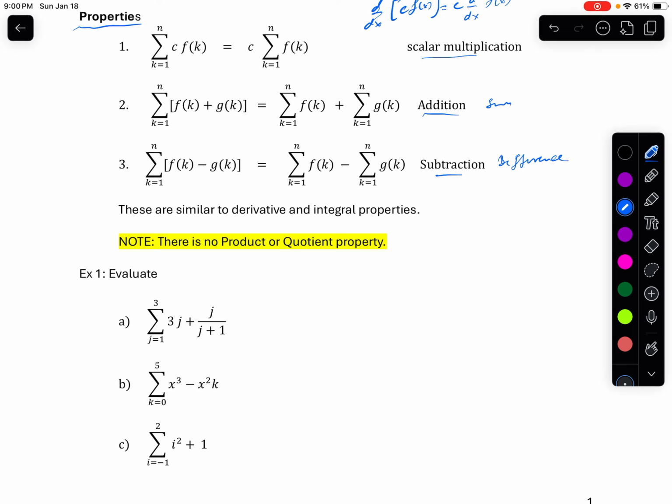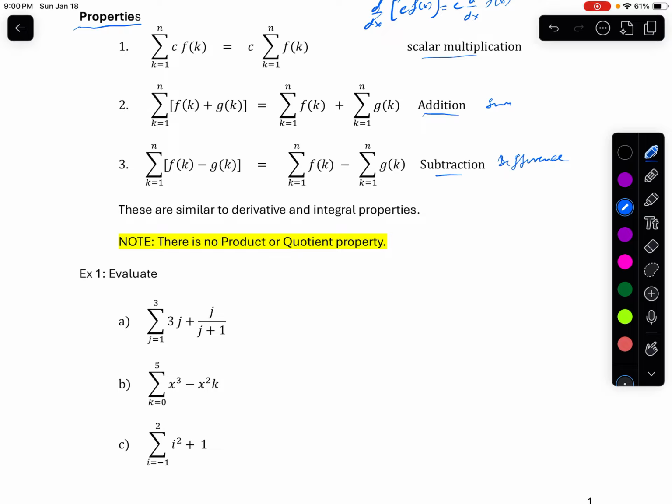So, for example, let's see how we will evaluate some expressions. Note here I told you that the index could be j or k or i. So what will happen here? What are the values that j is taking? It's going from 1 to 3.